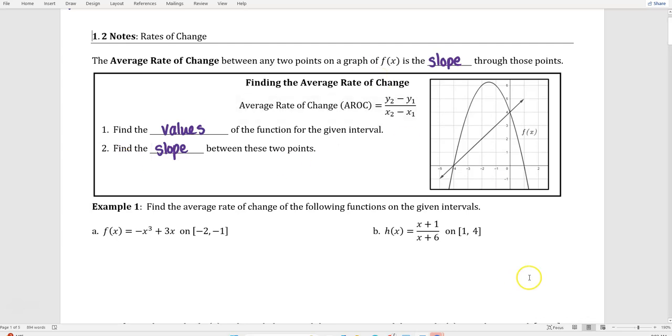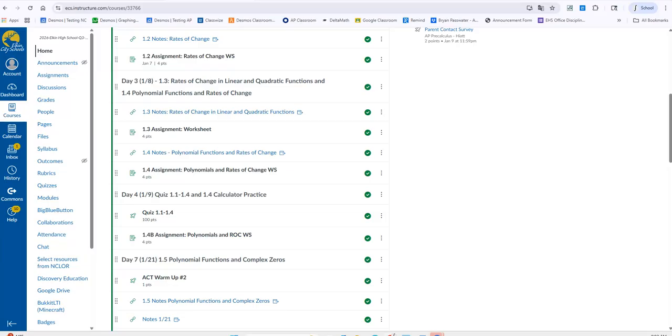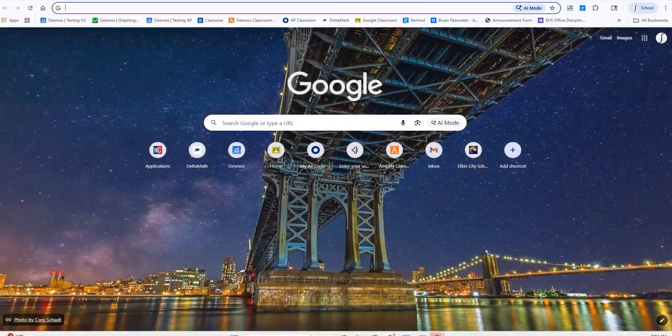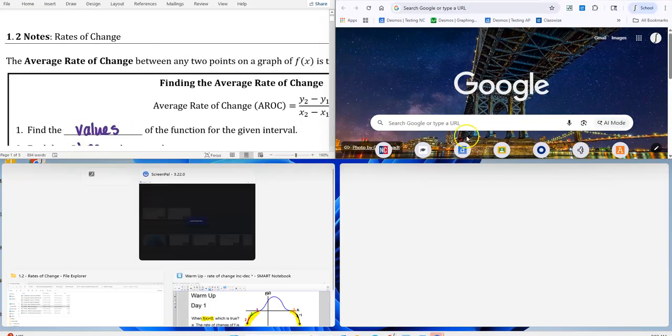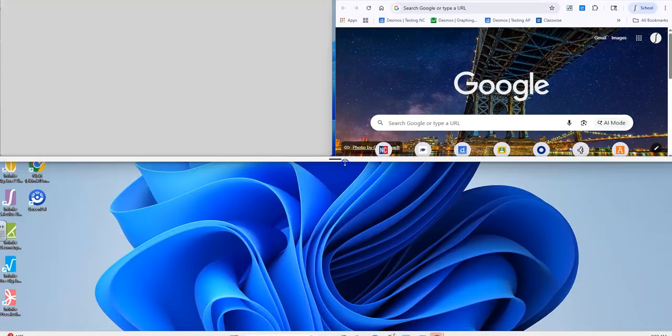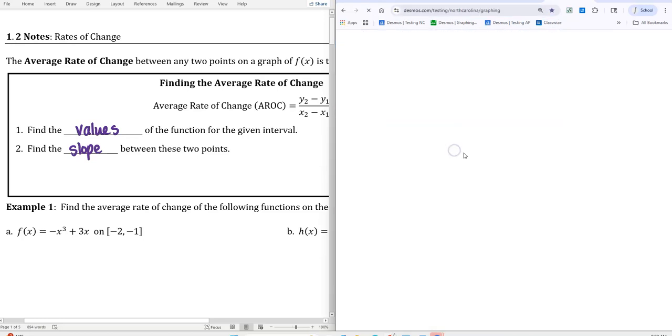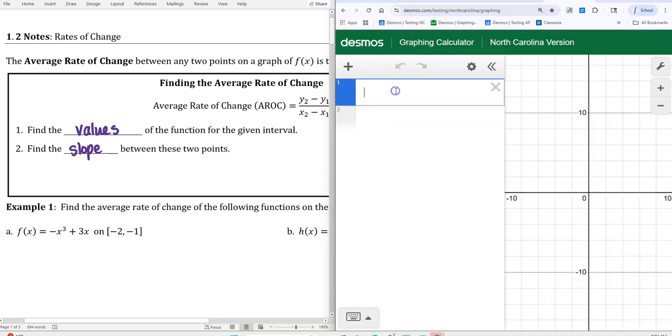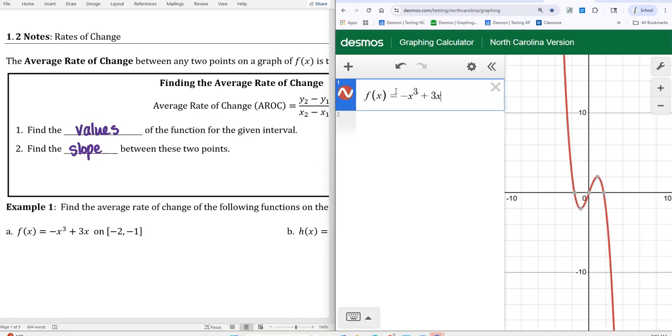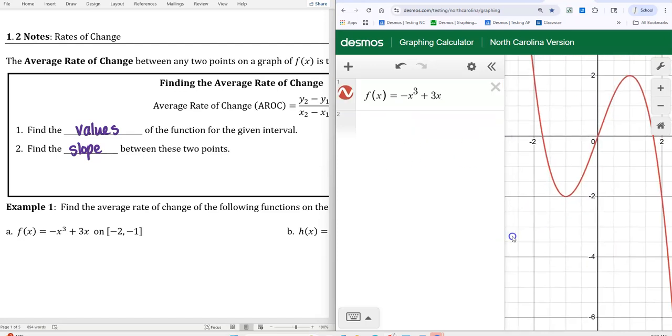This first question is not a calculator active question, but I am going to pull up Desmos just for us to graph it and think about what we're talking about here. So if I have f of x equals negative x to the third plus 3x, and I am thinking about between negative 2, which is right here, and negative 1, which is right here.